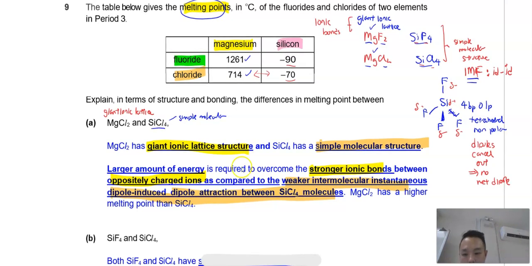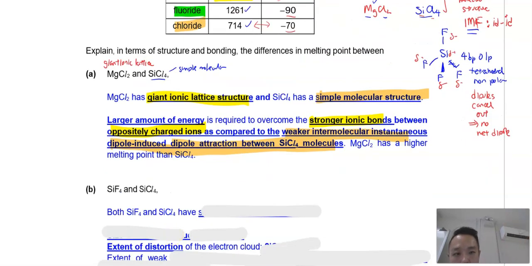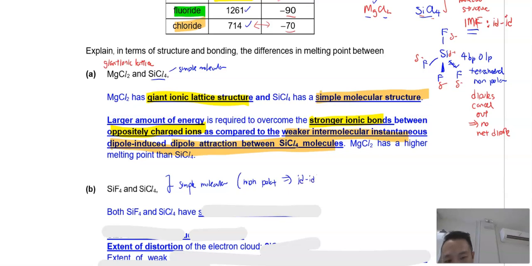Okay? Moving on to SiF4 and SiCl4. In this case, we earlier analyzed that these are both simple molecular, and both of them are non-polar, which means they only have ID. So recall, why is there a difference in the melting point?